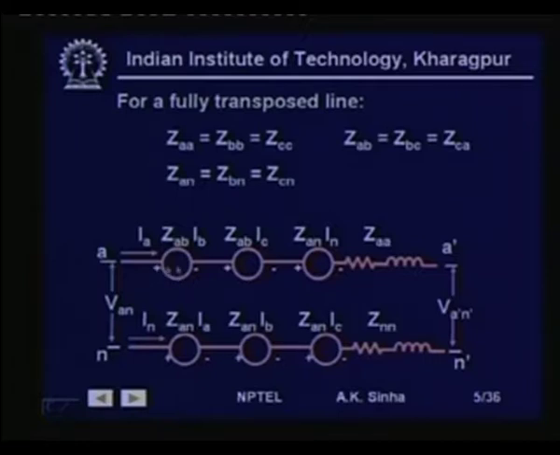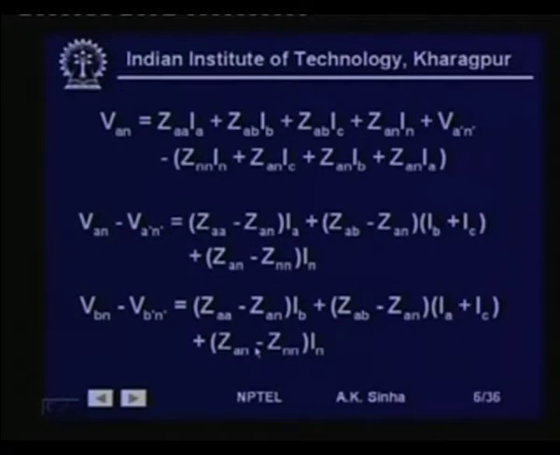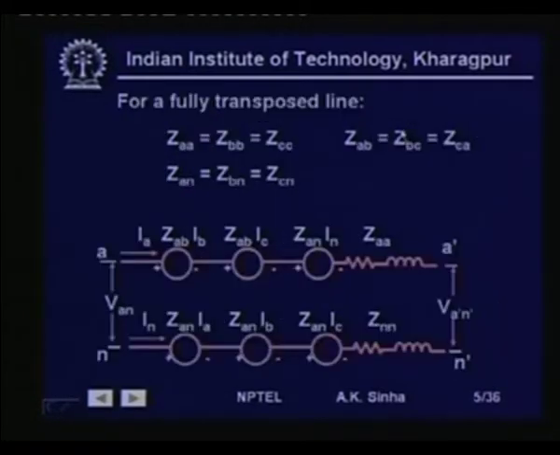Since we will be moving in this direction, these will be negatives. So, if we write like that, then VAN is equal to ZAA IA plus ZAB IB plus ZAB IC plus ZAN IN. This is this part.